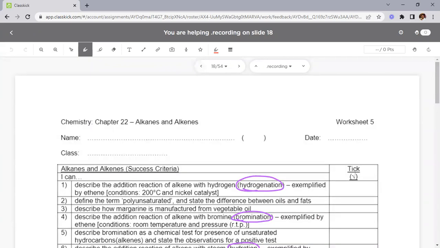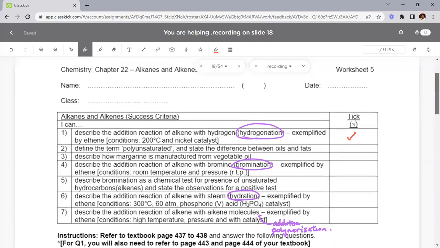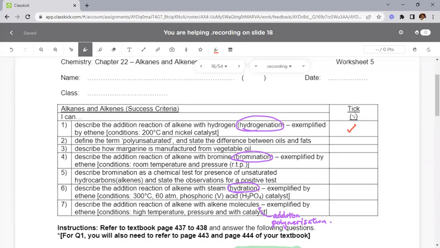Hence, what we have covered so far: we have covered hydrogenation. We have defined the term polyunsaturated and know the difference between oil and fats. And we have stated how margarine can be produced from vegetable oil, which is hydrogenation. So these three things deal with hydrogenation. Next, we did bromination.